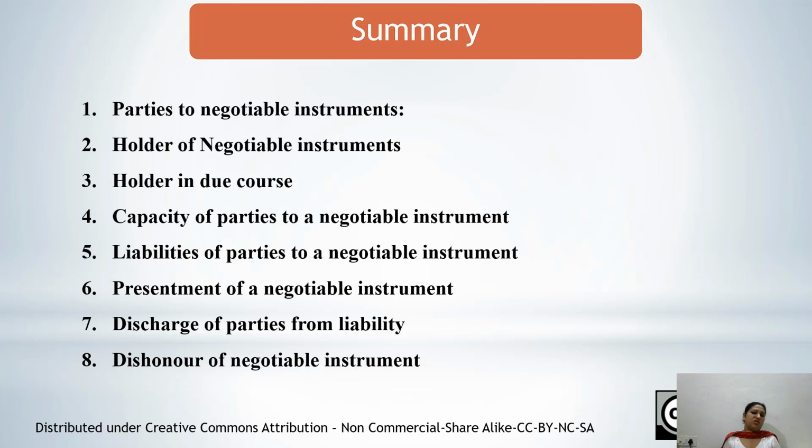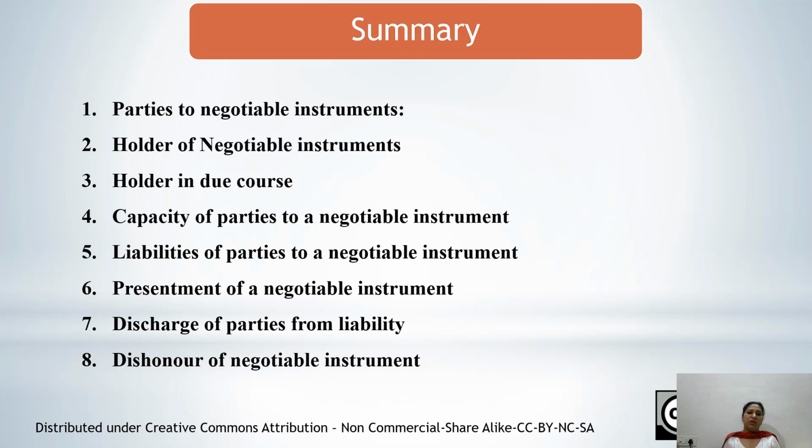So in this lecture, we have discussed the parties to a negotiable instrument, that means the parties involved in case of a bill of exchange, promissory notes, and checks. Holder of a negotiable instrument and holder in due course, and the difference between these two terms.